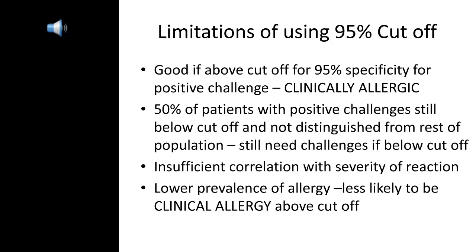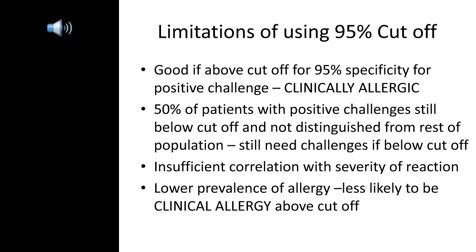And in fact, 50% of patients in the peanut literature with positive challenges are below the cutoff. So if you're above that 95% cutoff, you're fine, but if you're below the cutoff, then you still have to challenge, and that may be up to 50% of patients.